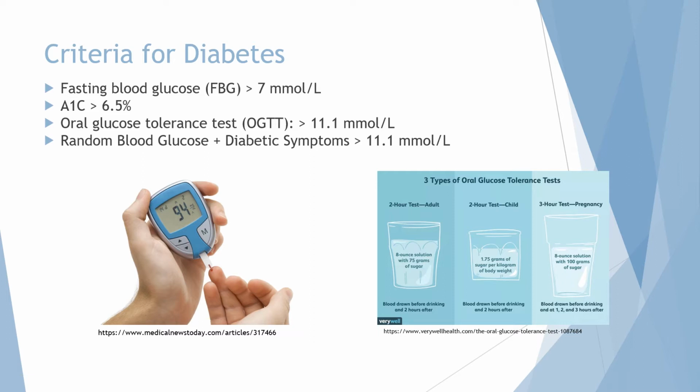Without the tolerance test, random blood glucose, if that is above 11.1 and the patient also shows diabetic symptoms, then the patient might be diagnosed as having diabetes.